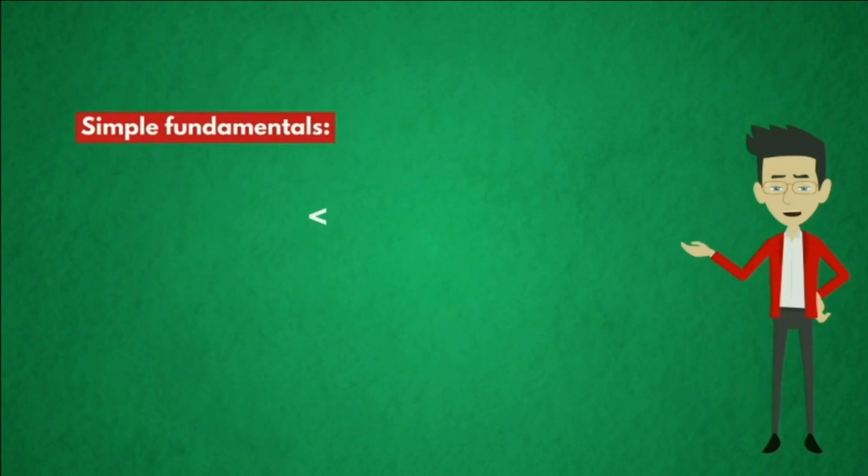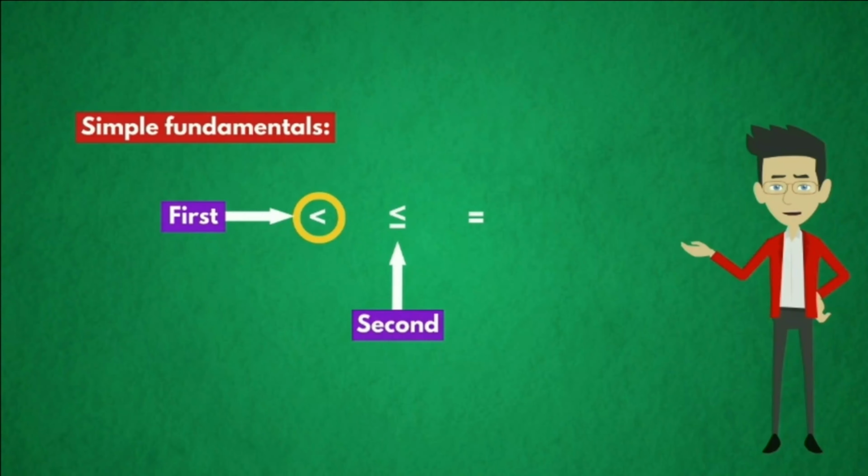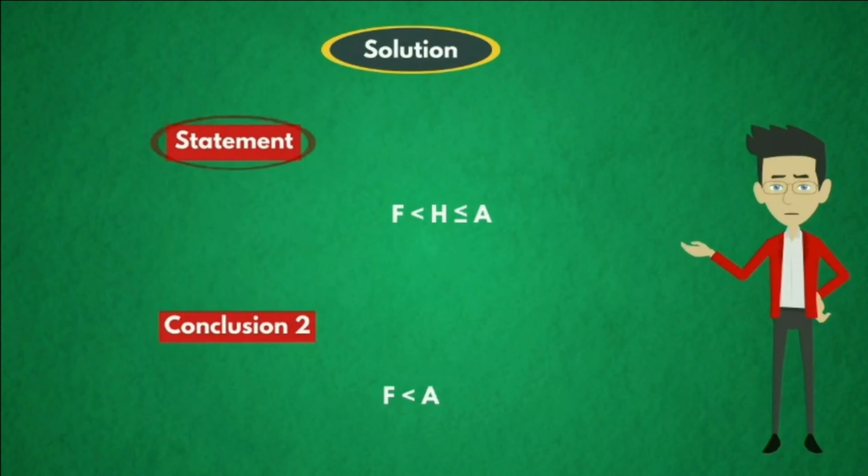If the combination of less than or equal to and equal to symbols, then we will give first priority to less than symbol and second priority to less than or equal to symbol and third priority to equal to symbol. So here F less than H less than or equal to A, we can say that F less than A. So conclusion 2 is true.